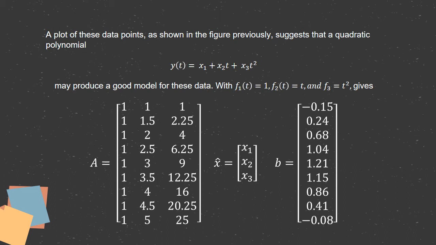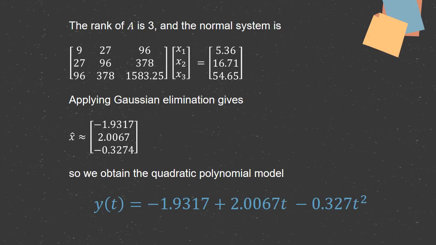For our vector x, we have x sub 1, x sub 2, x sub 3. And for our b, we have negative 0.15, 0.24, 0.68, 1.04, 1.21, 1.15, 0.86, 0.41, and negative 0.8.